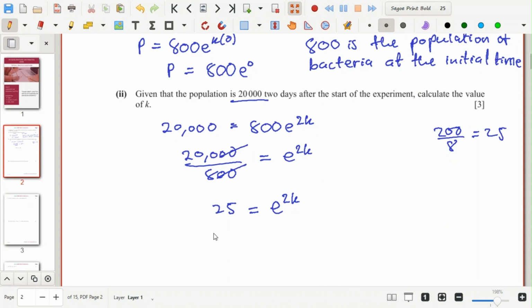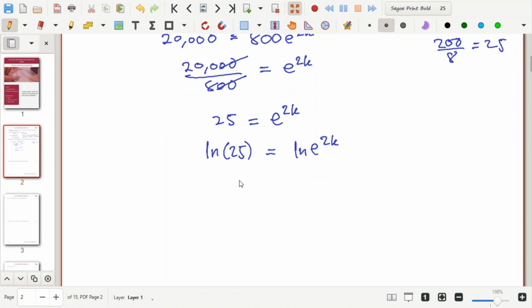You take ln of both sides from what we learned. So this will give you, I divide both sides by 2 and I get this. Okay, so k is equal to half ln 25.